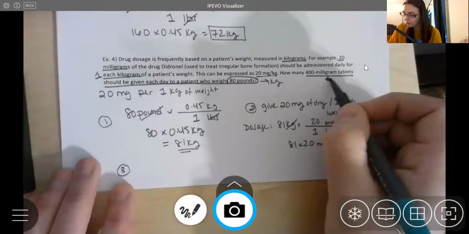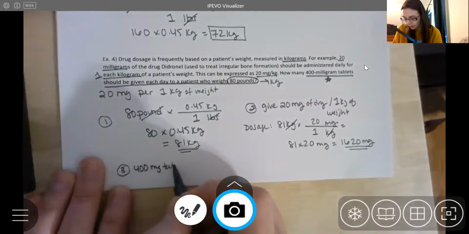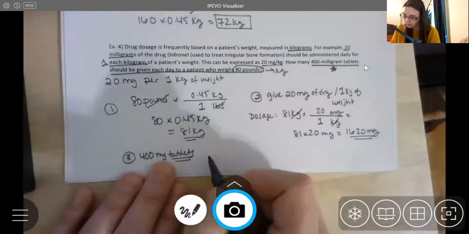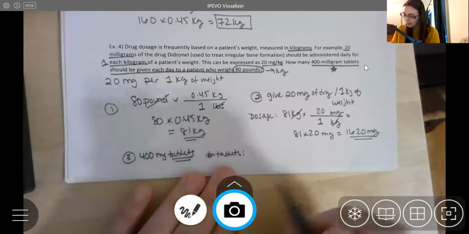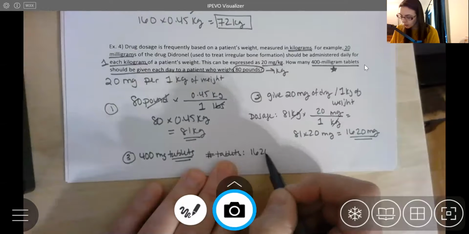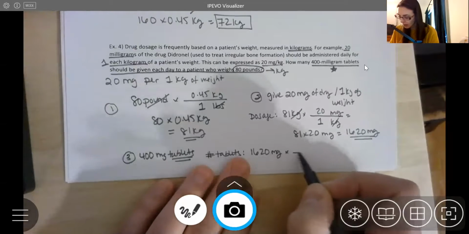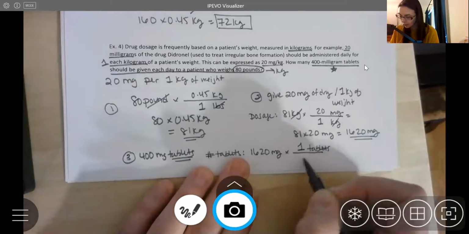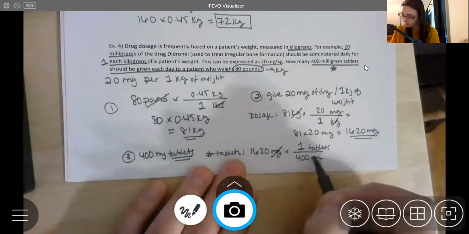Now, the problem is I have 400 milligram tablets. So how many of these am I going to give? So the number of tablets I'm going to give here is I have my 1,620 milligrams. I want to go to tablets, and each tablet has 400 milligrams of the drug.